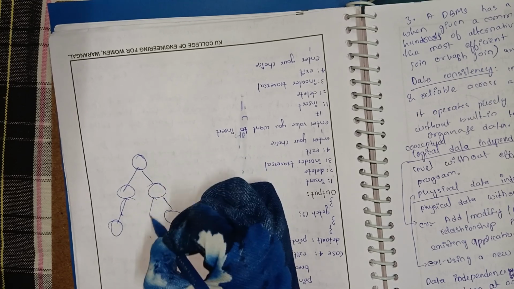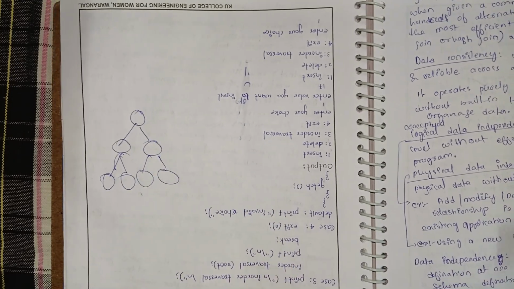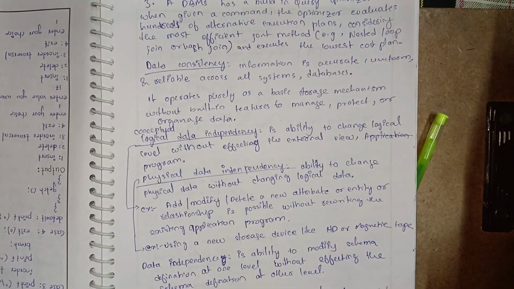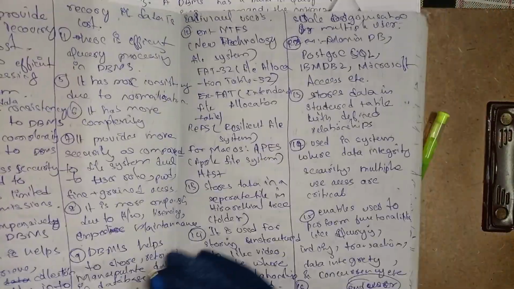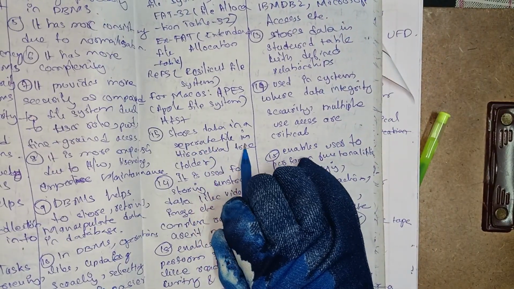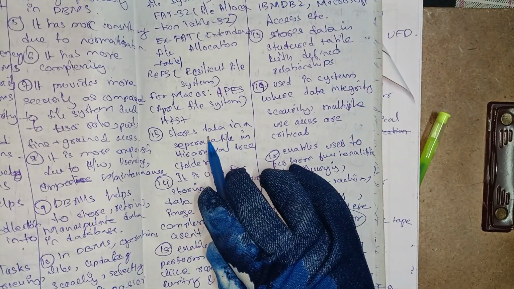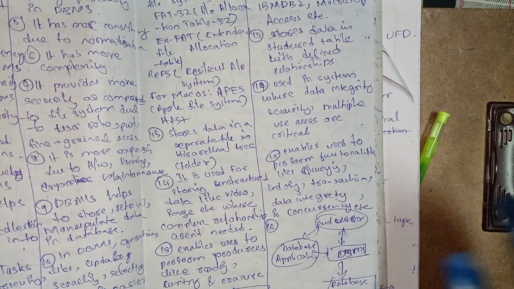The circles represent the nodes. Okay, this is a tree. So it stores data in separate files in a hierarchical tree of folders.